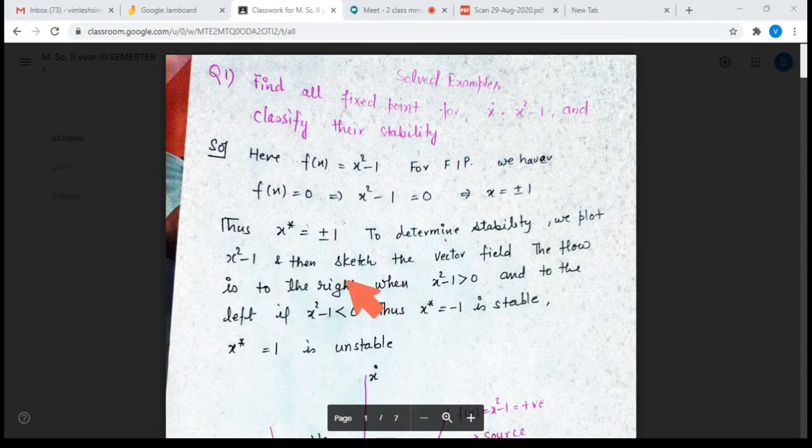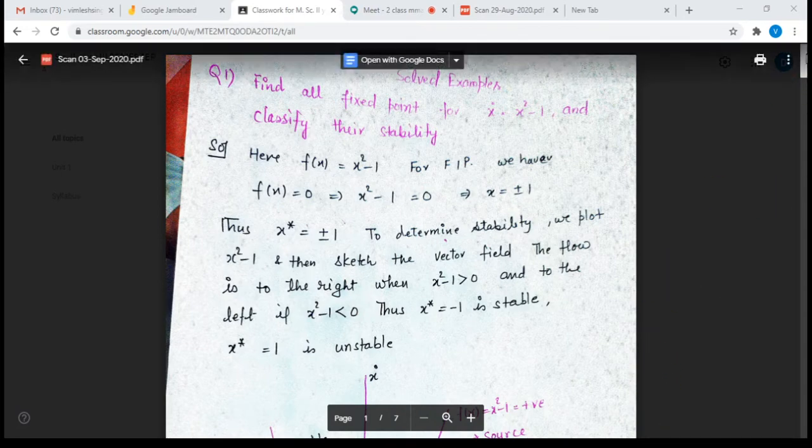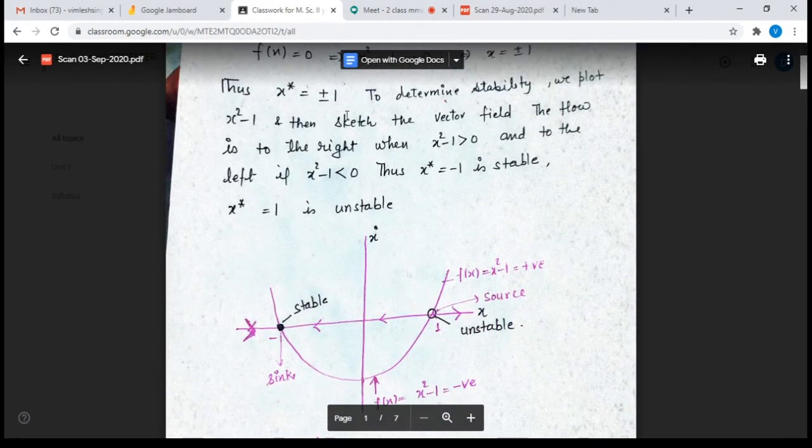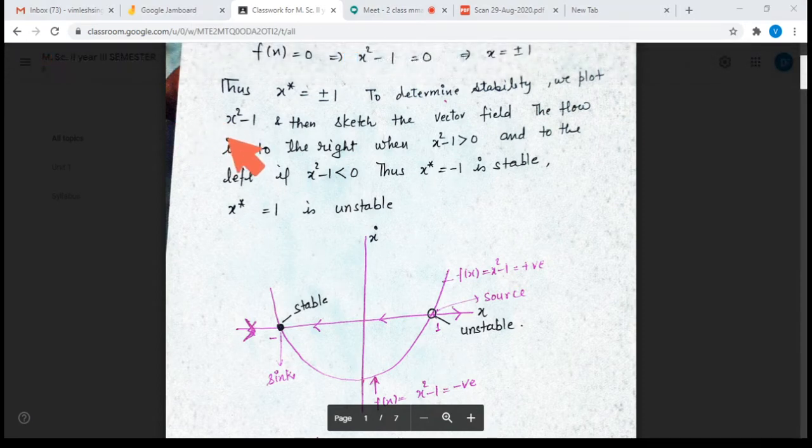The curve x square minus 1 doesn't pass through the origin because it contains the constant term, and it is symmetrical about the y-axis. We plot x square minus 1 and then sketch the vector field.